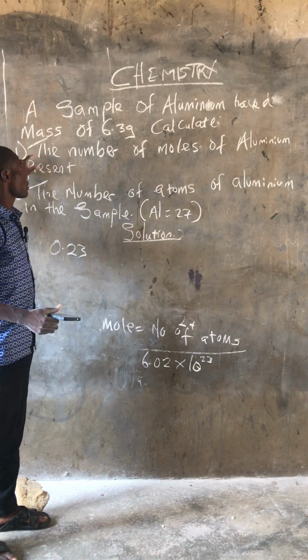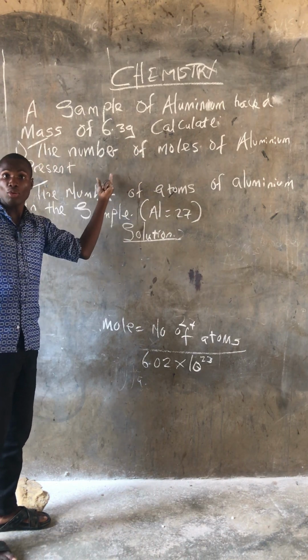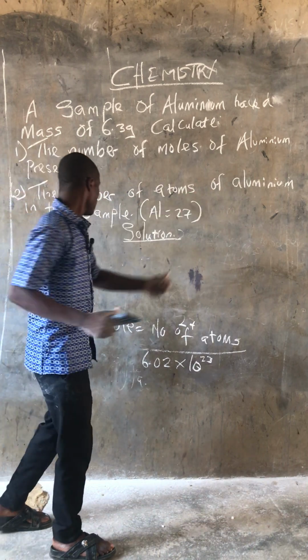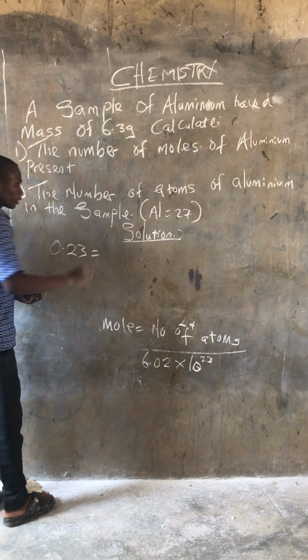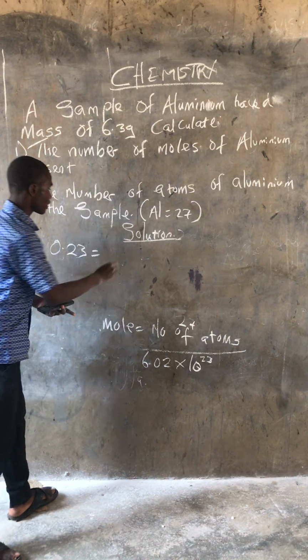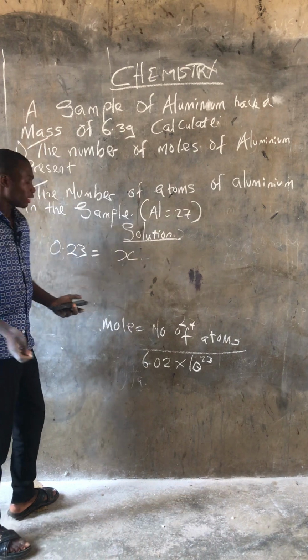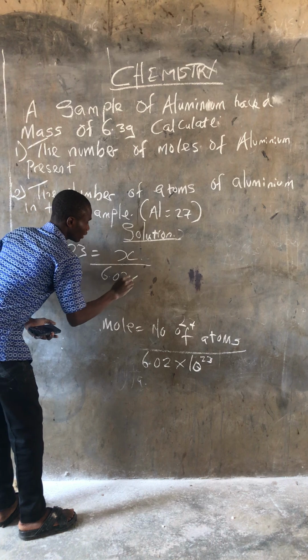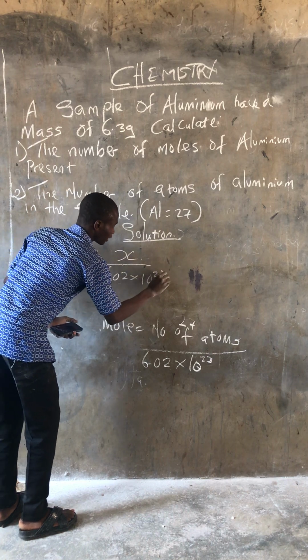The first question says we calculate the number of moles, and we got our moles earlier as 0.23. So now our mole, 0.23, will be equal to, let's assume our number of atoms is x, since it is unknown, over 6.02 times 10 to the power 23.